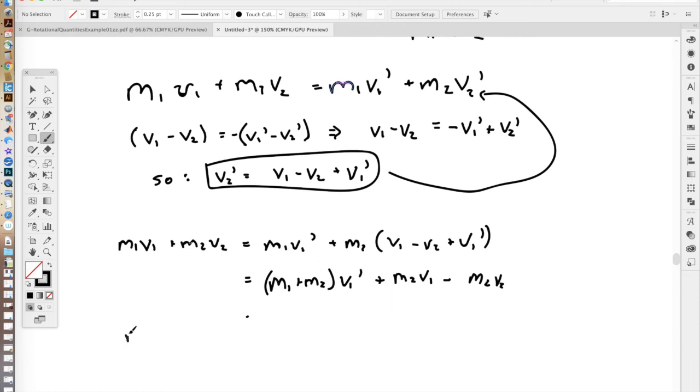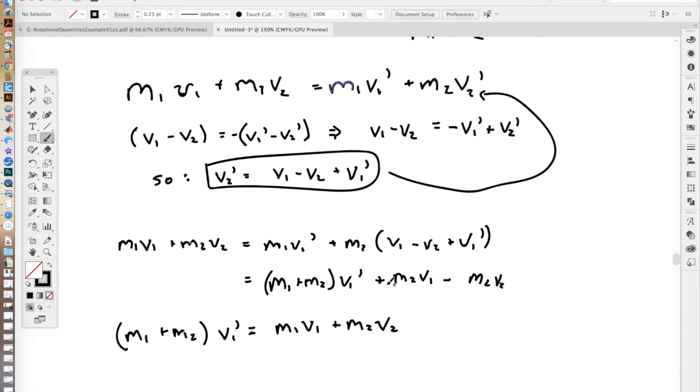So we're going to say m1 plus m2 v1 prime is equal to, what's on this side, m1 v1 plus m2 v2.